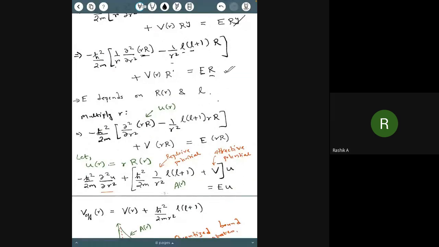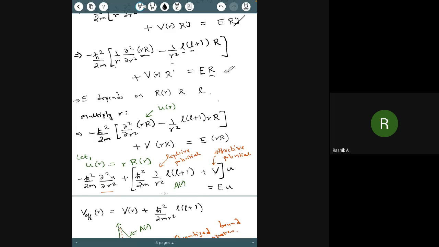Now, to solve the radial equation, what we did was several variable changes. Our goal was to get it into some sort of known form so that we know the solutions. So, we didn't want to bother with actually solving the differential equation. We wanted to get it to some form whose solutions were already known.